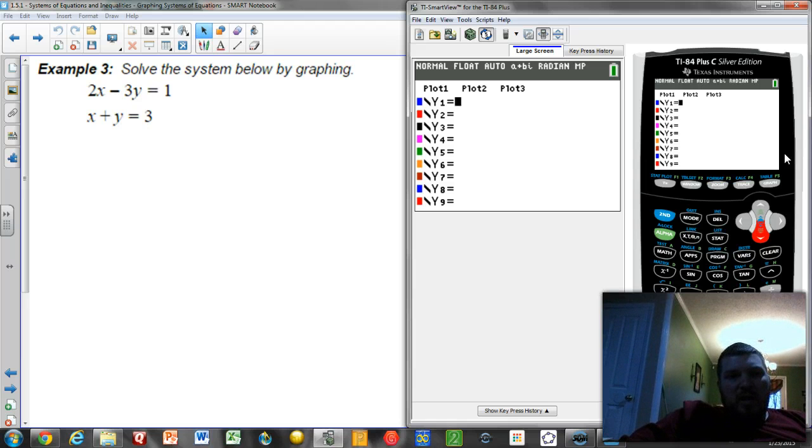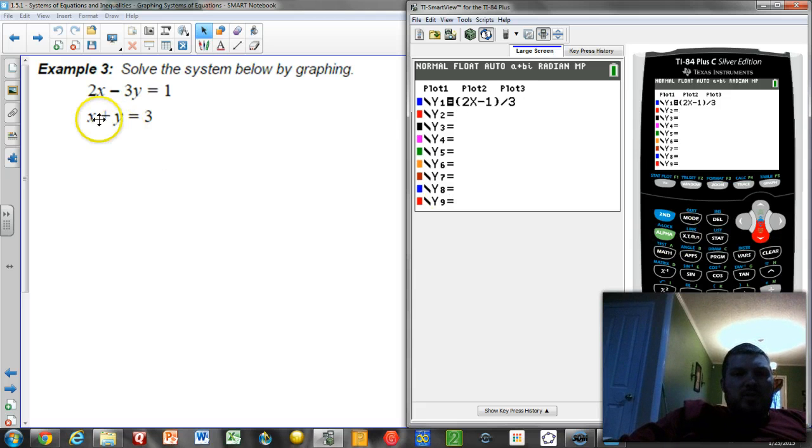So it looks like I'm going to add 3y and then subtract 1. So I'm going to have y equals (2x minus 1) divided by a positive 3. That's our first equation once you get y by itself.